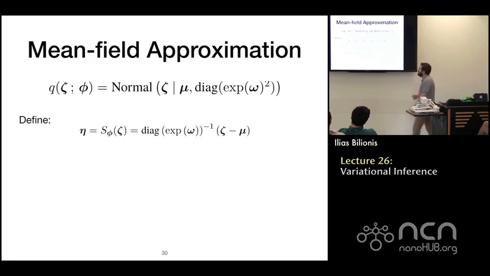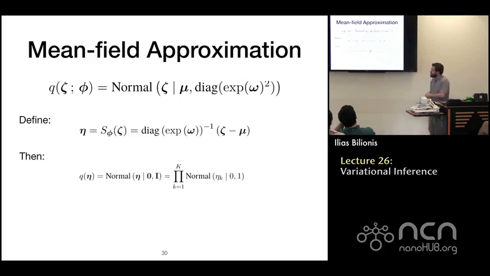So if you define a variable eta like this, so look at that. This is basically the square root of the covariance times zeta minus the mean, and zeta is distributed according to that. So you take zeta, you subtract the mean, and then you divide by the square root of the covariance. The result is going to be standardized. It's going to be a random variable that is standard normal. Okay, so that eta now is the standard normal.